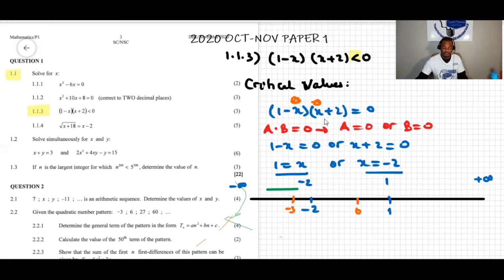This will tell me that over the interval -2 to 1, the solution will always be positive, regardless of the number we select. As long as we are in this interval, the solution will always be positive.